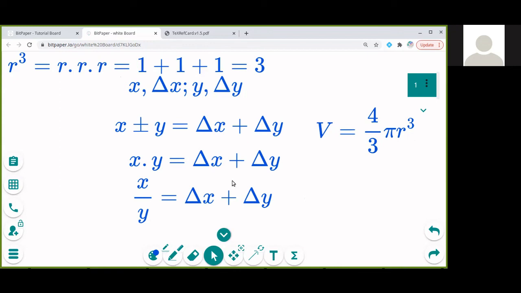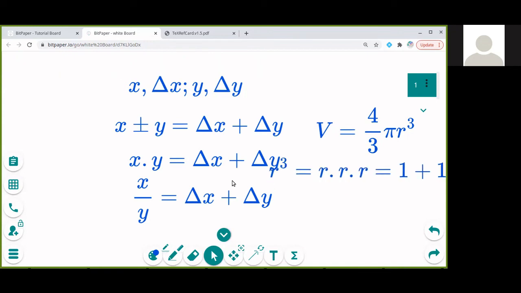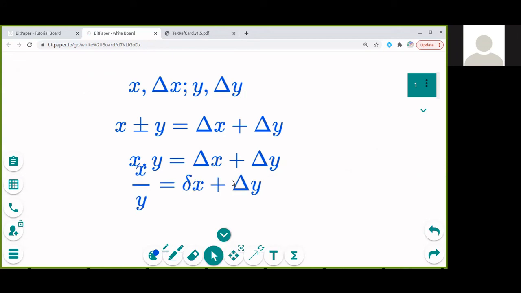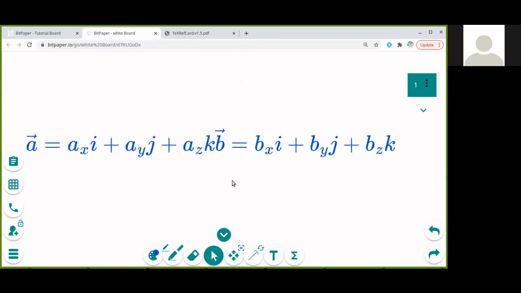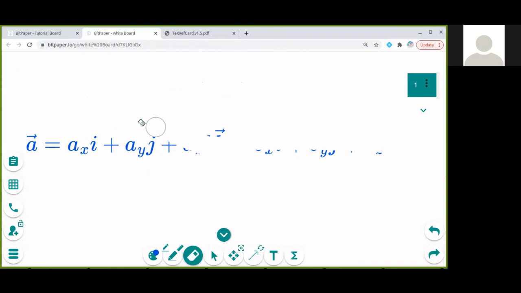Yes. Good. What about your knowledge of significant figures? Let's give you an example. Let's erase this. Can you see the shared screen? Okay, good.